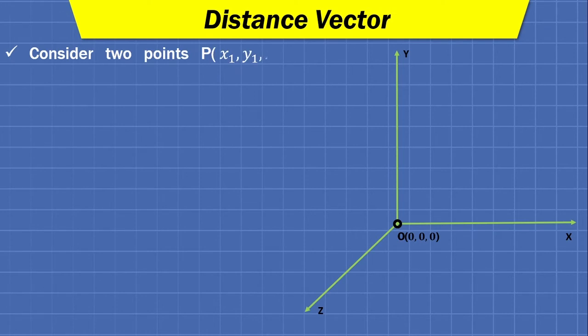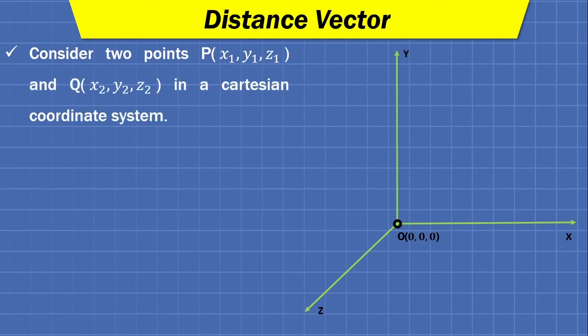So consider two points P (x1, y1, z1) and Q (x2, y2, z2). That means both points have different x, y and z coordinates. Arbitrarily I have shown point P having its x, y and z coordinates and point Q having different x, y and z coordinates in a Cartesian coordinate system.